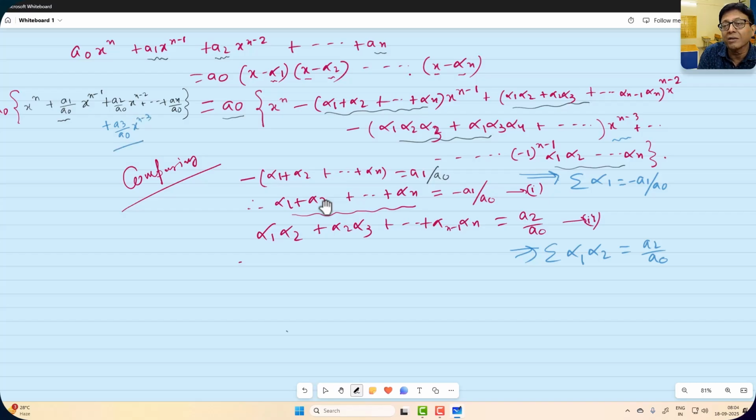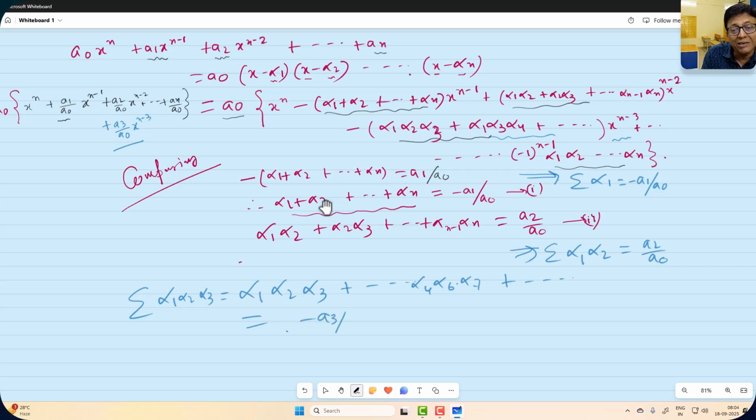Now compare this with the product of roots taken 3 at a time. I mean, compare the coefficient of x to the power n minus 3. Then this is going to be alpha 1, alpha 2, alpha 3. I am not writing all the terms. Instead, I will be using sigma alpha 1, alpha 2, alpha 3. Terms are like this: alpha 1, say arbitrarily alpha 4, alpha 6, alpha 7. All the terms taken 3 at a time are there. Then we will be getting this thing equal to, this is minus, no? So it will be minus a3 by a0.